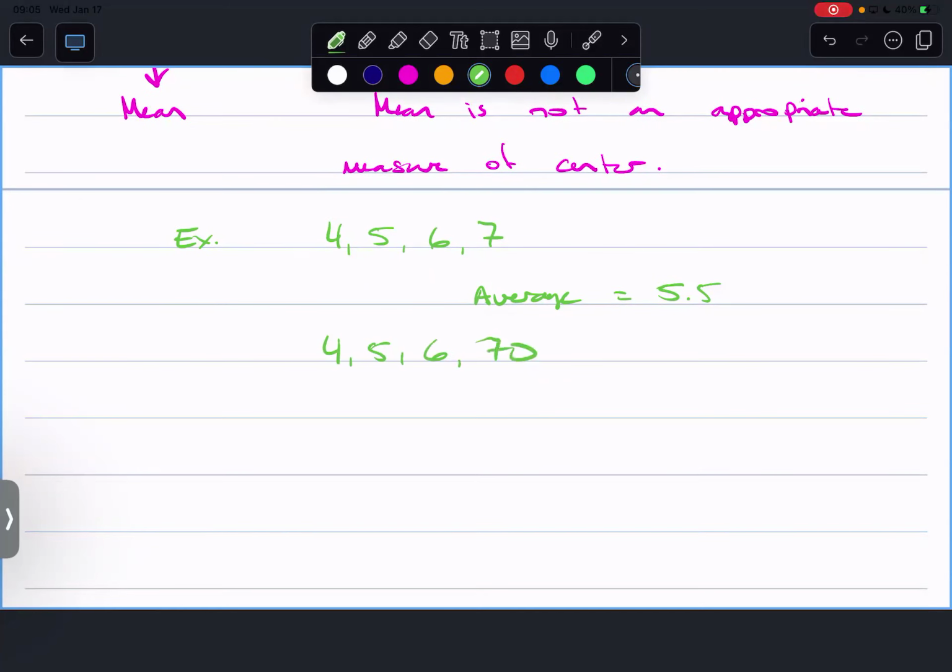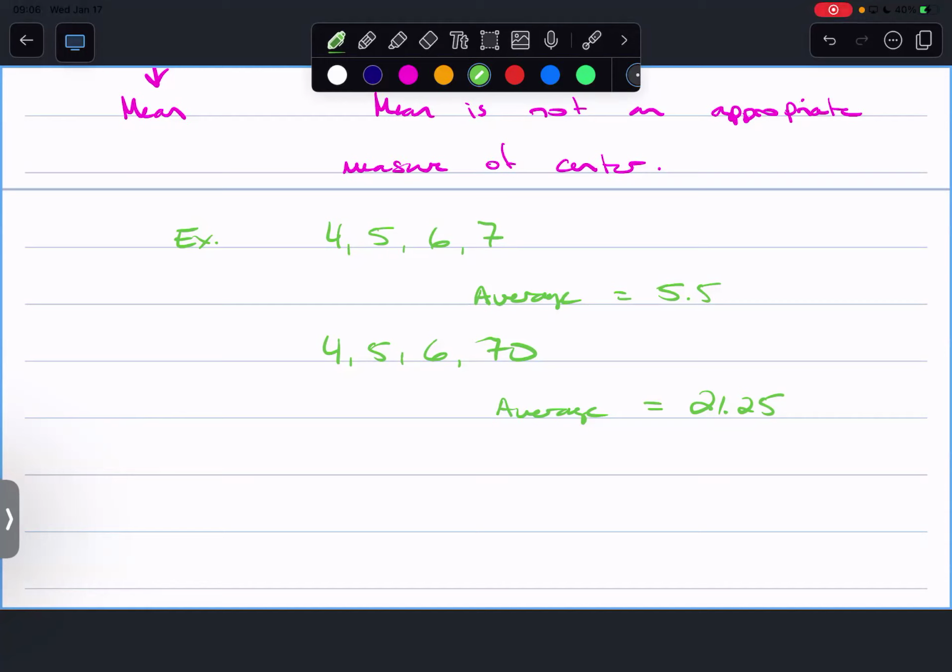What happens to the average? Did you get it? 21.25.